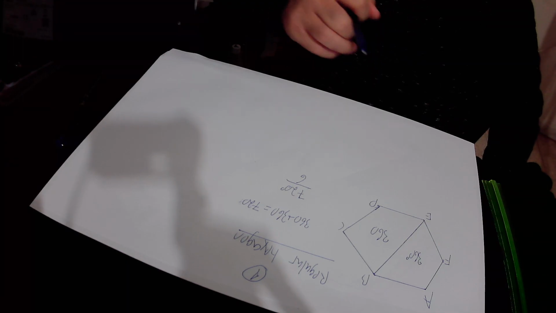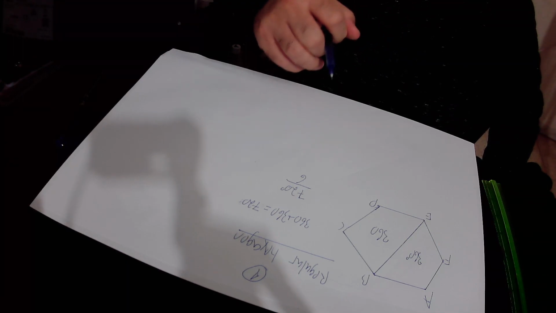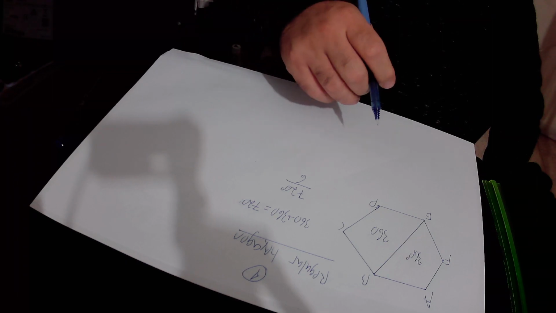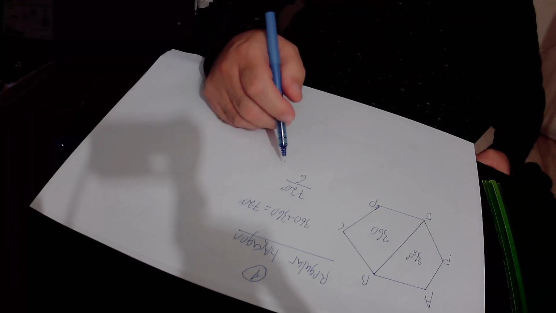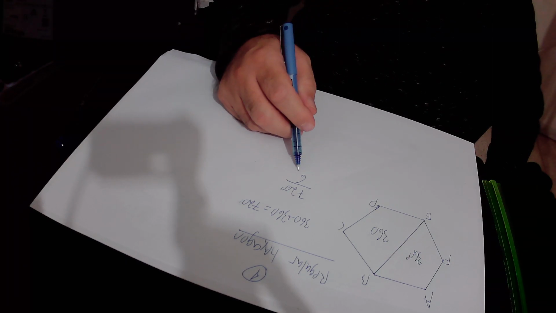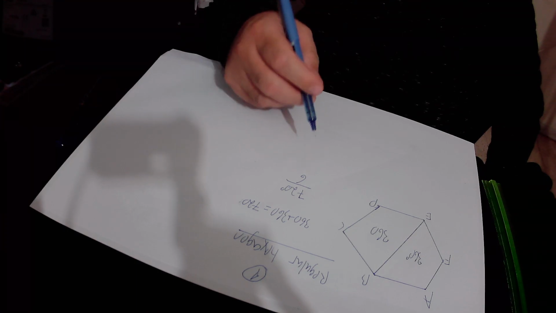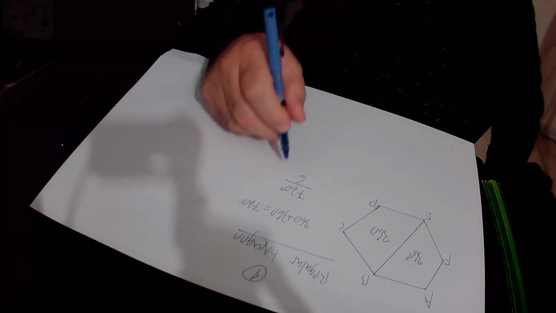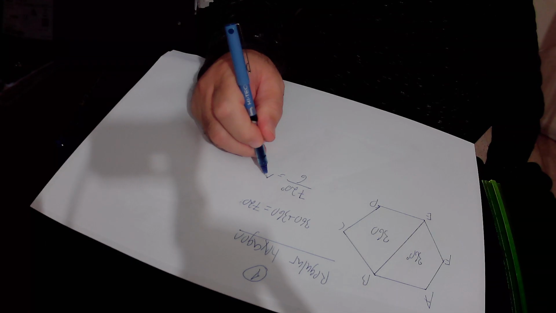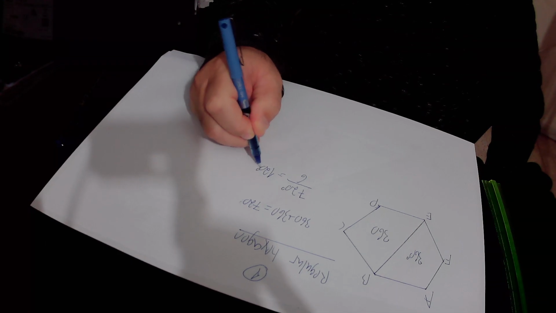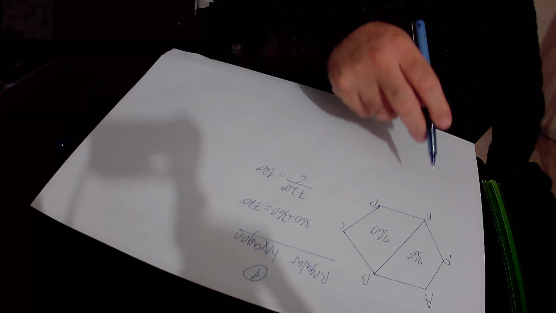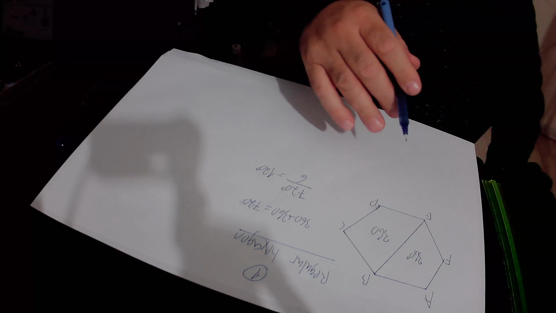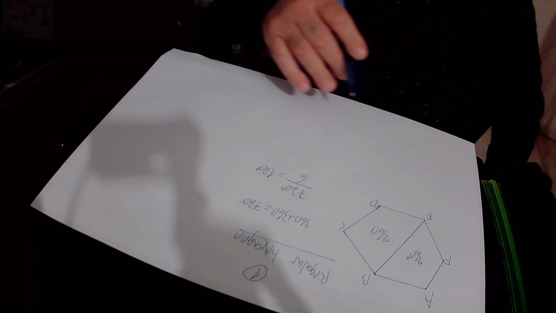So 720 degrees over 6 is equal to 120 degrees. So we found out that each angle in any regular hexagon is equal to 120 degrees.